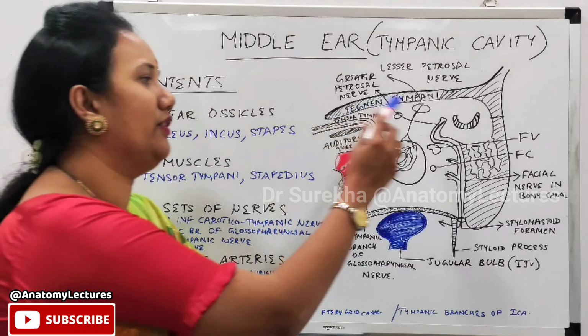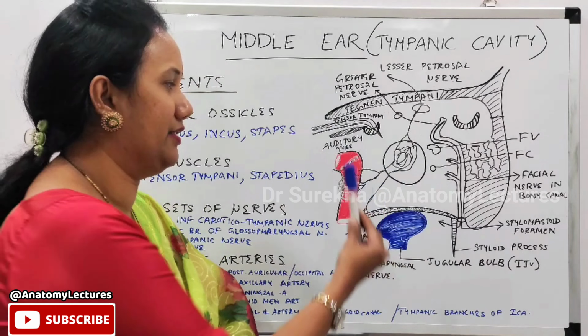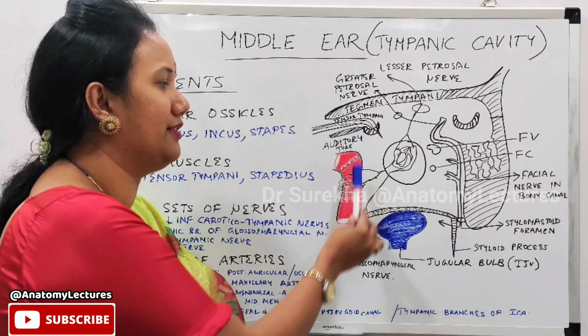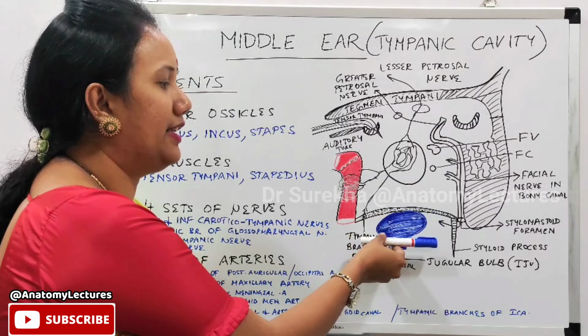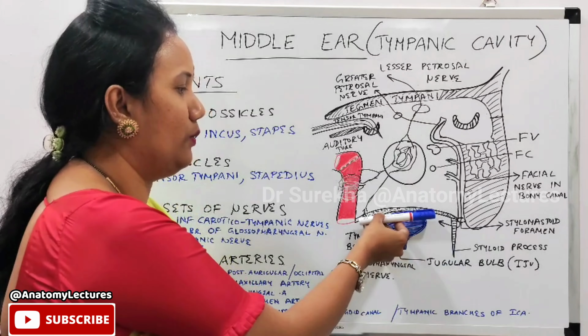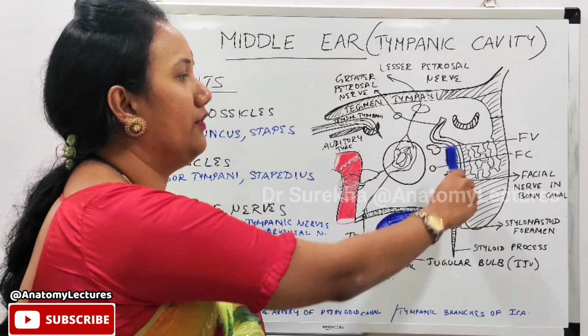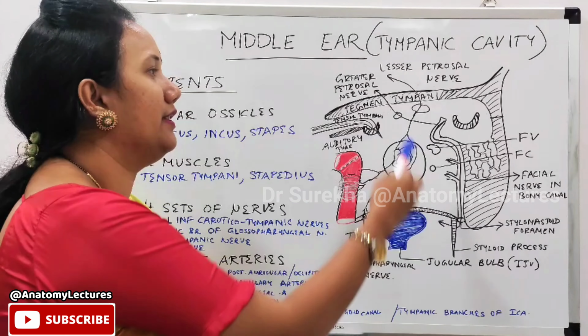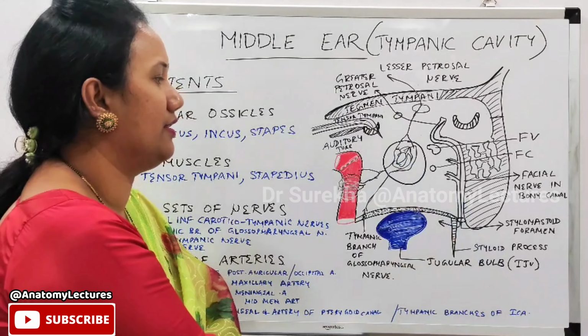If we have a careful look at the middle ear, there are some points of interest. The anterior wall is related to an artery, it is arterial. The floor is related to a vein, it is venous. The posterior wall is related to a nerve, the facial nerve. And the roof is pierced by the lesser and greater petrosal nerve.